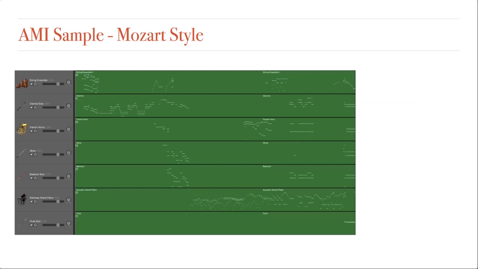So one reason we're doing this for gaming is that it allows them to create something slightly different, but based on the original score.